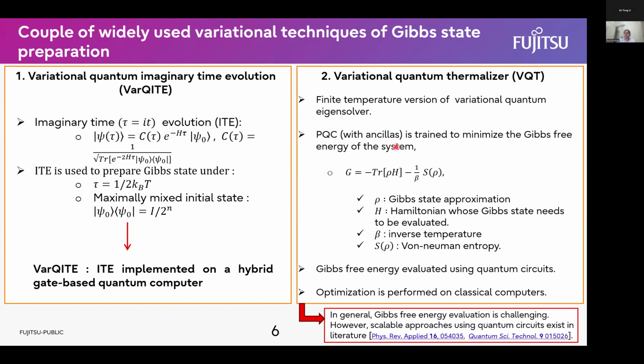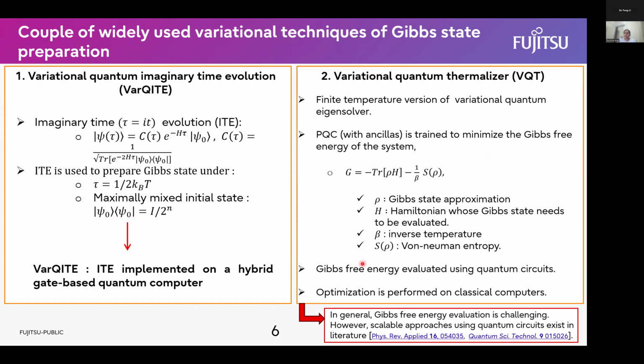So here we have a PQC defined with extra ancillas, and we will be minimizing the Gibbs free energy of the system instead of the expectation value of the Hamiltonian, which we do in ground state preparation. The Gibbs state is known to minimize the Gibbs free energy of the system, similar to the ground state minimizing the energy of the system.